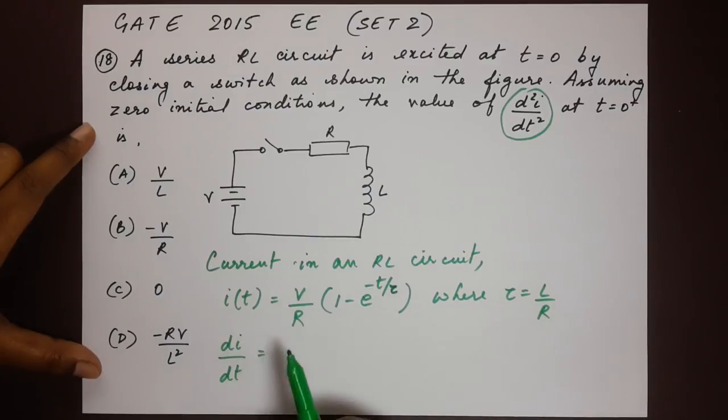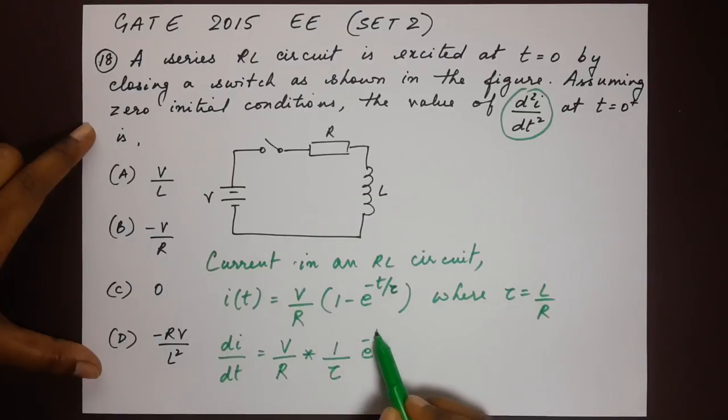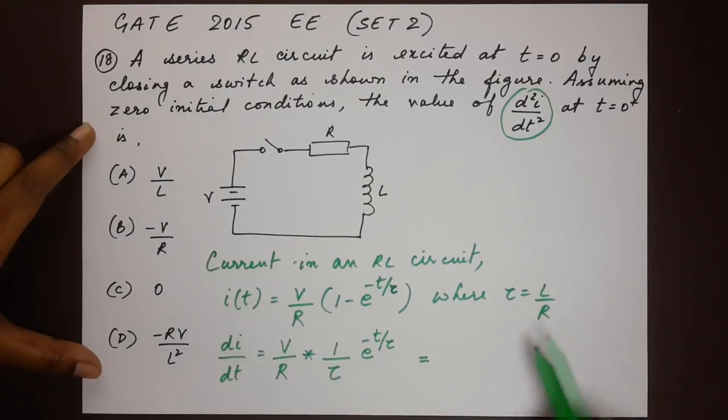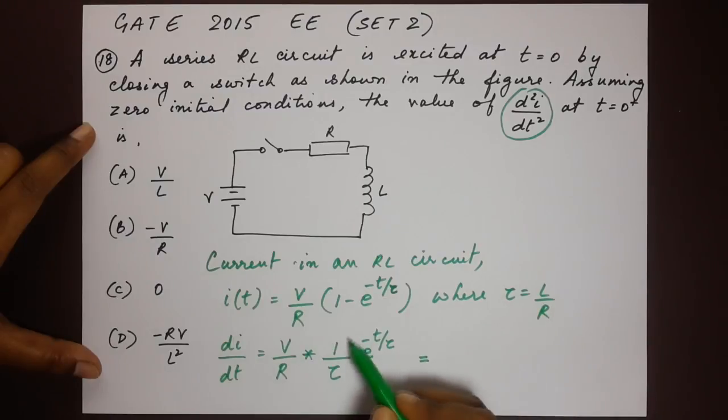Okay, so let's begin. We have our constant V by R, and now differentiating this part, we get 1 divided by tau into e power minus t by tau. Now let's substitute. We'll substitute L by R only here in this part, 1 by tau. We will leave this as it is.